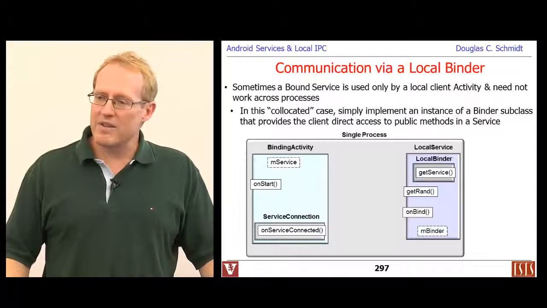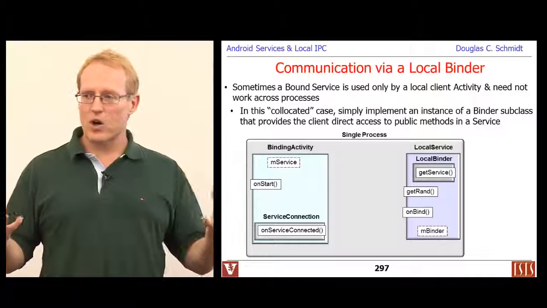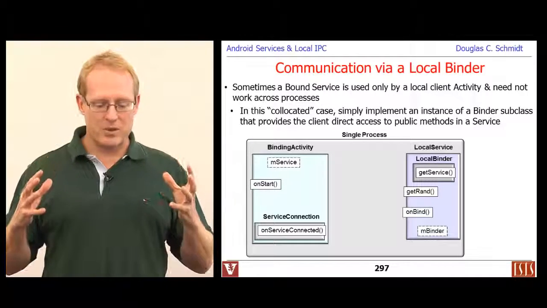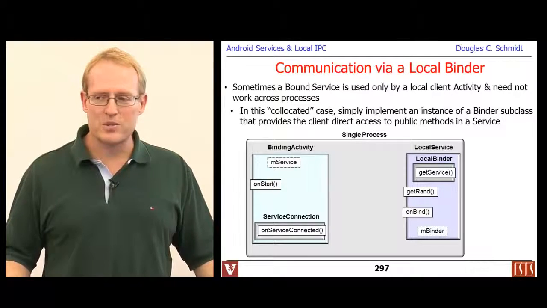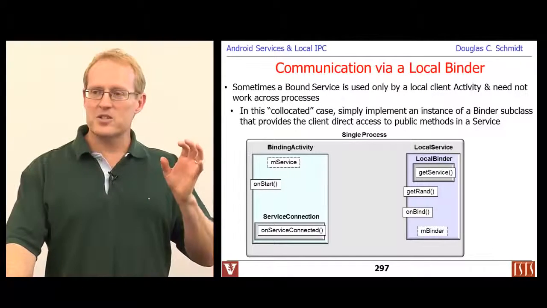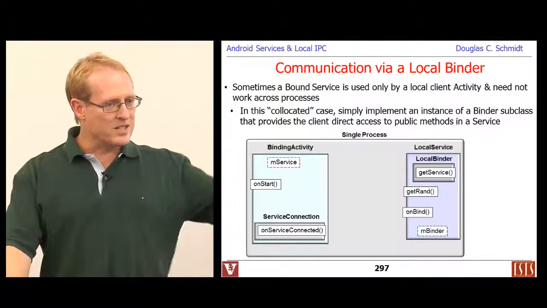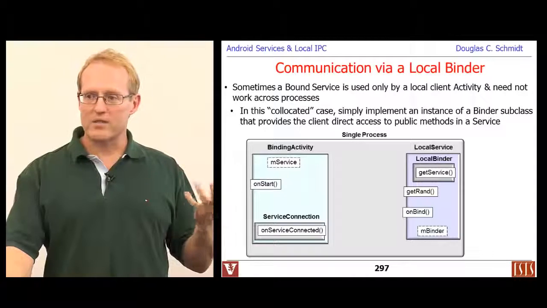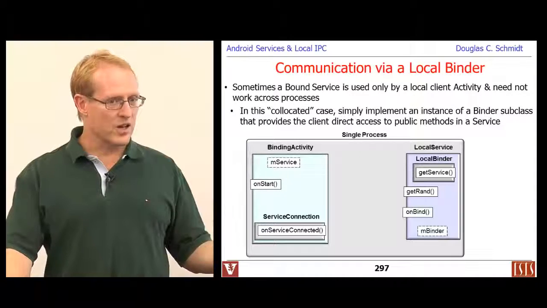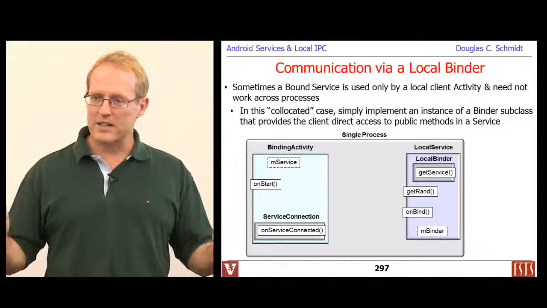A common name for this is co-location. So the client and the service are co-located in the same address space. All you have to do in this case, it's very simple, is get an instance of a binder subclass that you write, and you pass that back to the client, and then the client can use that to directly invoke methods in order to get things done. So we're going to talk about a couple different variants of this in a second, but that's the basic idea.